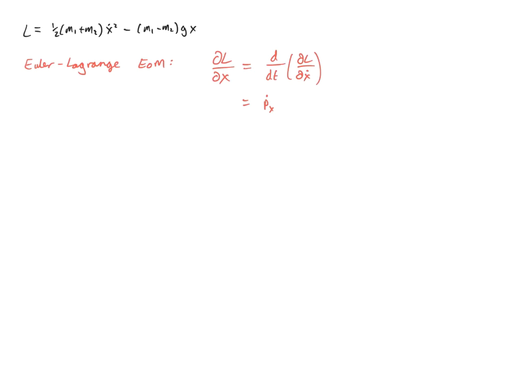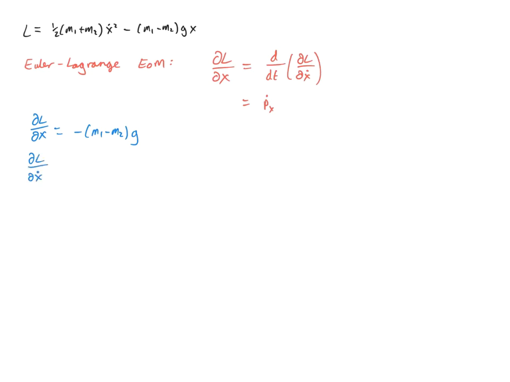So first of all, we have dL by dx, which is simply minus m1 minus m2 times g. We ignore all the terms involving x dot because we're talking about partial derivatives, and we're keeping x dot constant.